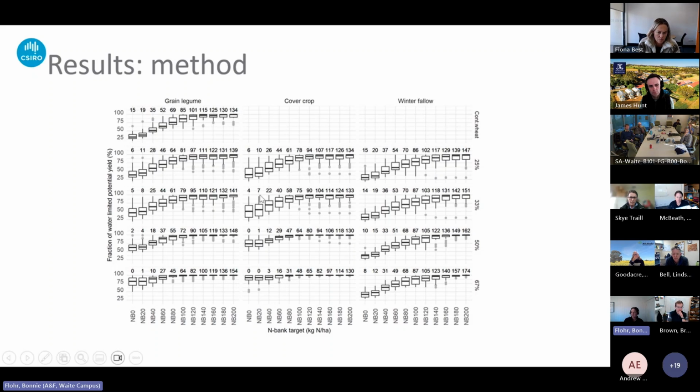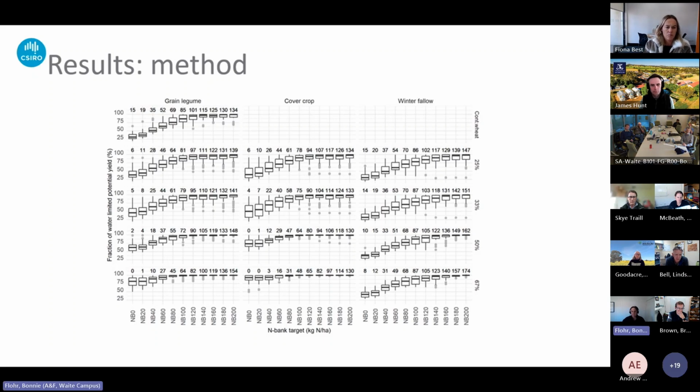And looking up and down is the grain legume increasing intensity as you move down the figure, and the same for cover crop and winter fallow, with continuous cereal being that top left-hand panel. And the number above each of those box plots is the mean nitrogen applied to maintain that N bank.